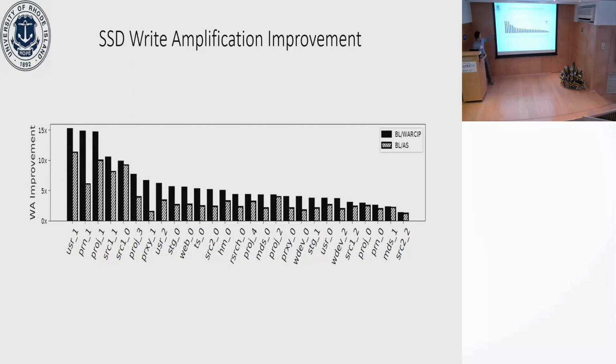From the result, we can see that in nearly all cases, WARCIP did a better job than multi-stream. It improves the replication over 4 times on average. However, multi-stream only achieves less than 3 times.